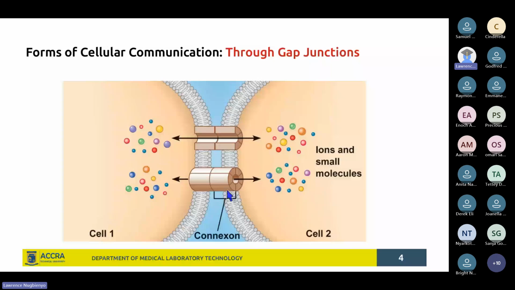So these connexons in the membranes join. So 2 cells with connexons join to form the gap junction. And through these gap junctions, you can have exchange of ions and some other small biomolecules across these cells. So it's also a form of cellular communication in these cardiac cells, brain cells, and neurons, for very fast movement of substances and signaling.